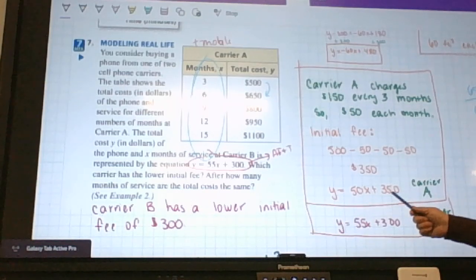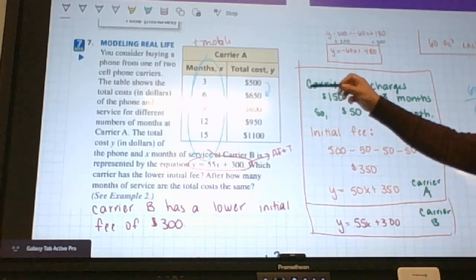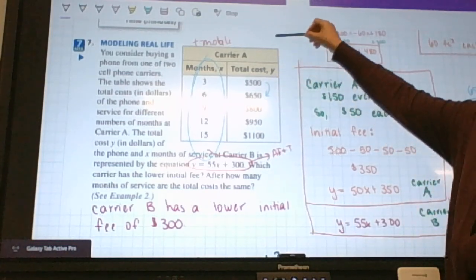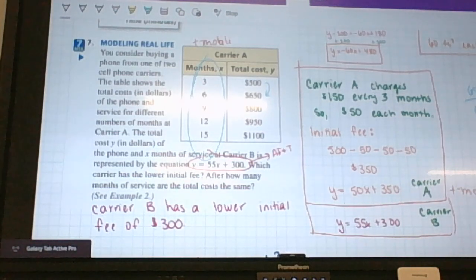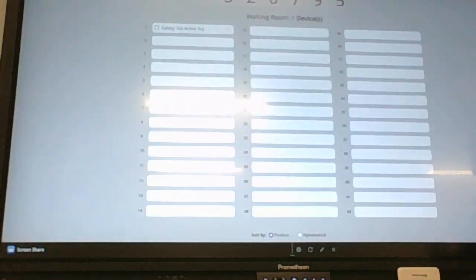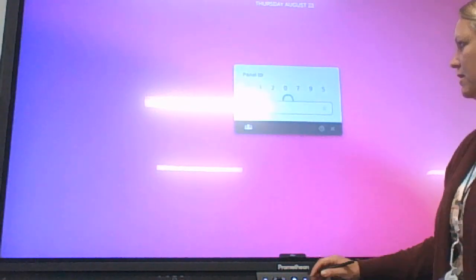The y-intercept for carrier A is 350. You could just subtract 50, 50, 50 and you get to 350. So T-Mobile is $50 a month with a $350 fee, which maybe is the cost of a phone. And AT&T is $55 a month, but it's only $300 for the phone.